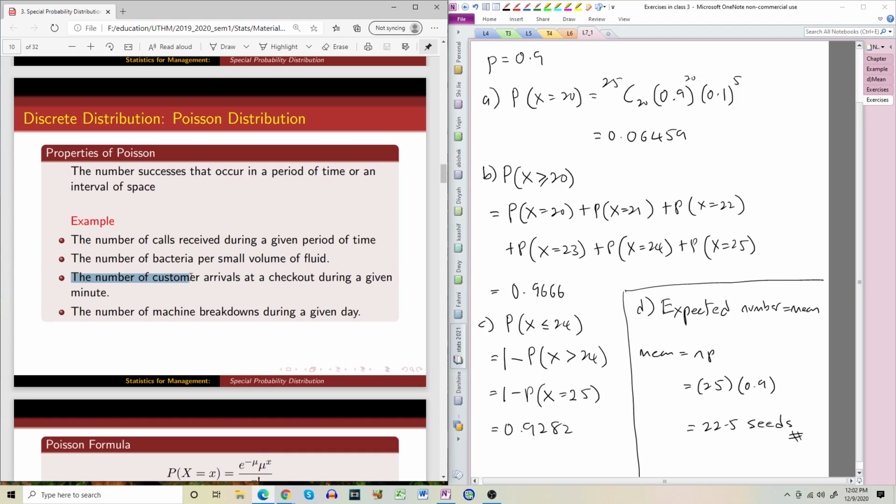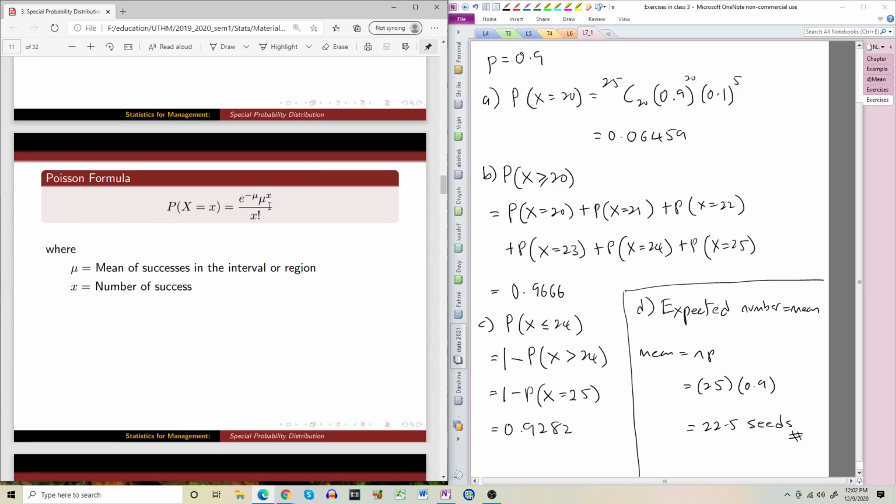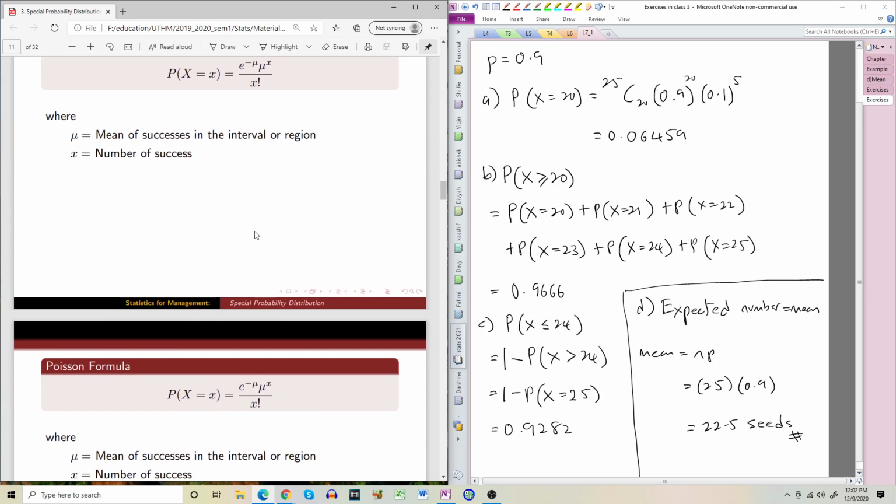The number of customer arrivals during a given minute is a bound. The number of machine breakdowns during a given day. So all this must happen in a span of time, in a given space, and then it is a Poisson distribution. The formula is given here. Of course, if I explain the formula, you guys won't like it. Let us go straight away to the example.